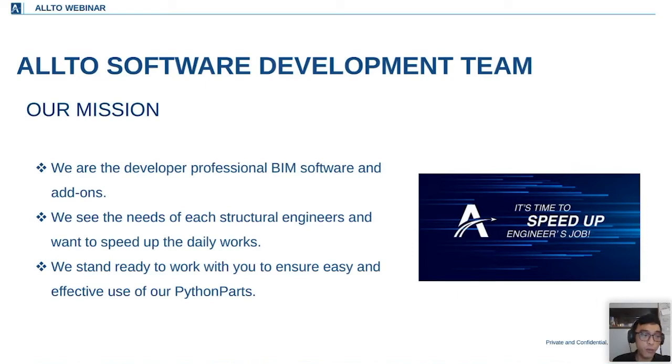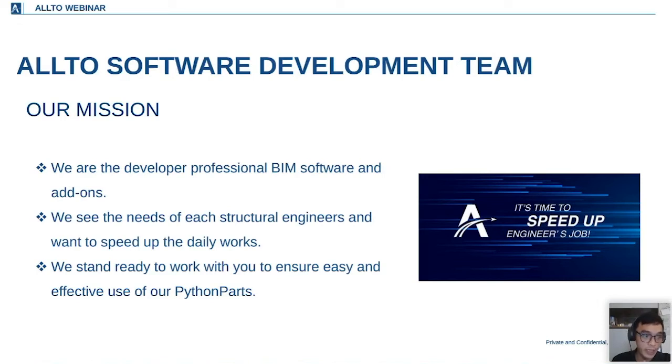In the On2 software development team, we see the needs of each structural engineer, and we want to speed up their daily work. Our clients can save more time while using our Python Parts. ALLPLAN implementation can cover general use. First, we go into details and customize, and the user can control the job structural engineers do.